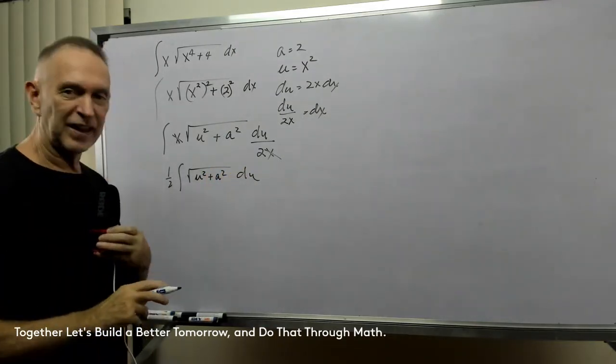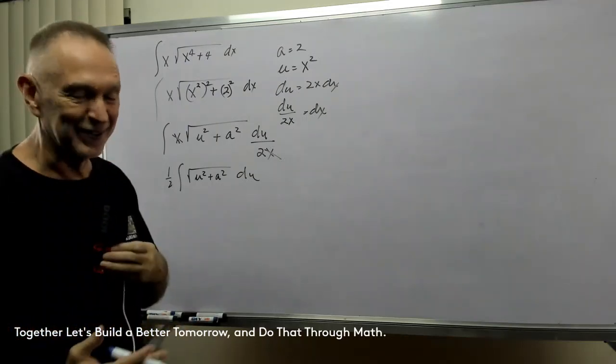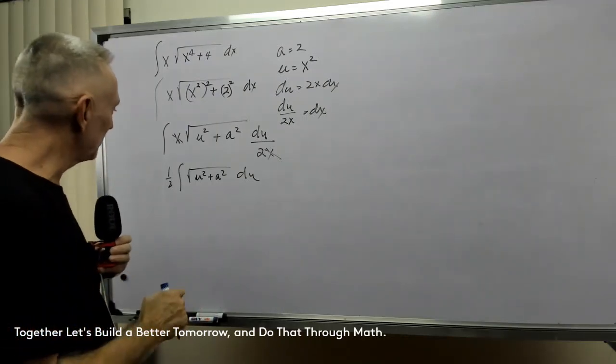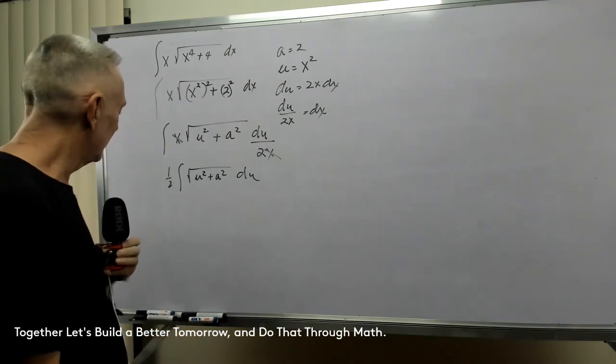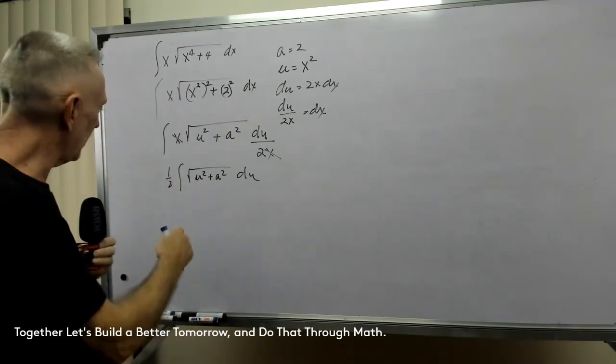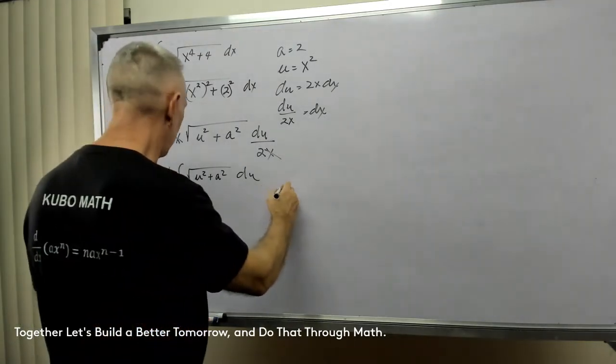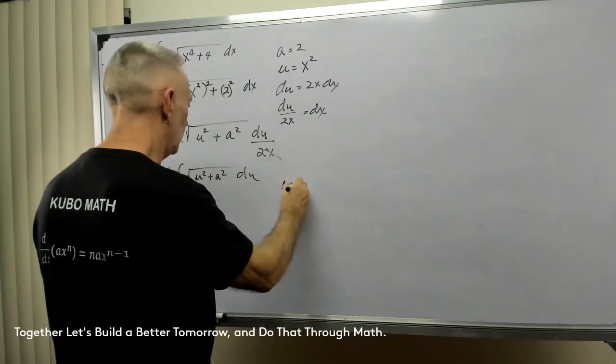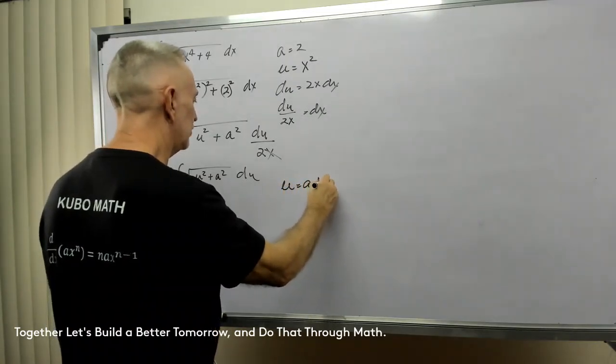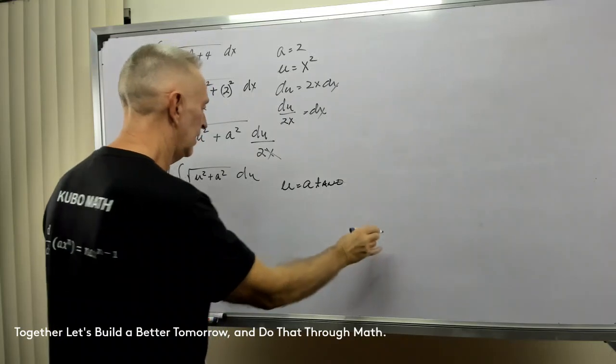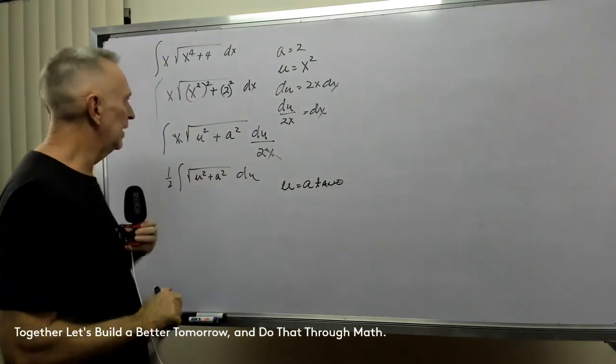And you may be thinking, well, am I any better off now than I was before? Well, let's see. I'm going to rewrite u. Let's let u equal a tangent theta. How about that?